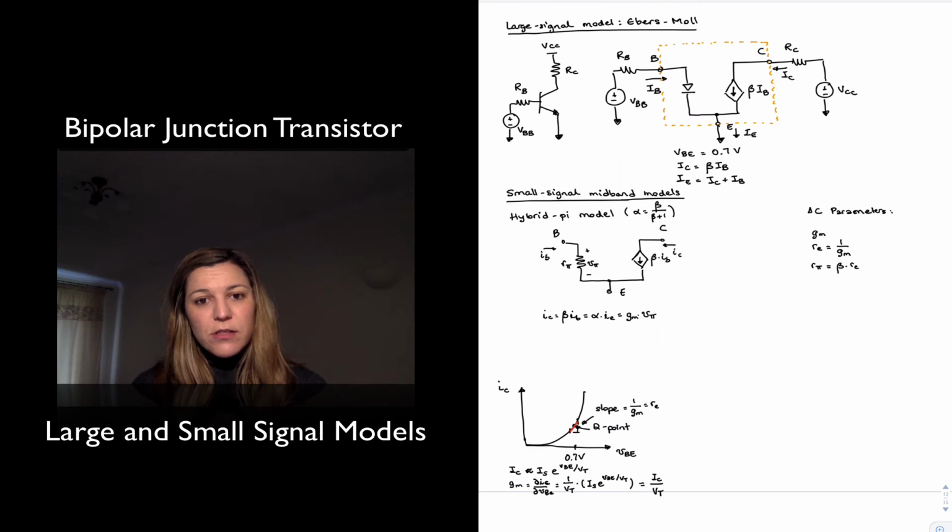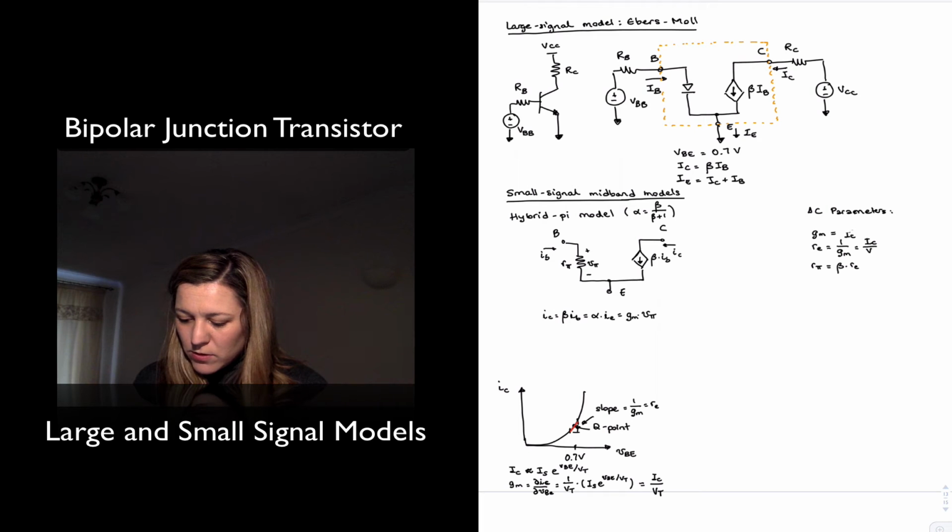Notice that the small signal transconductance is dependent on the DC current flowing through the collector, the DC collector current IC, as well as the thermal voltage, which is going to be a constant, only varying with temperature. So I'm going to write that up here. Oops, I did this backwards.